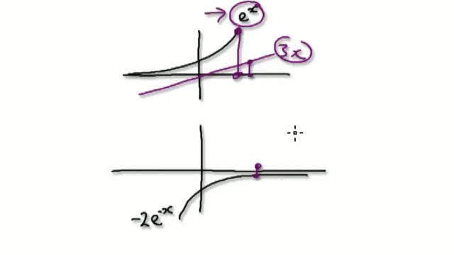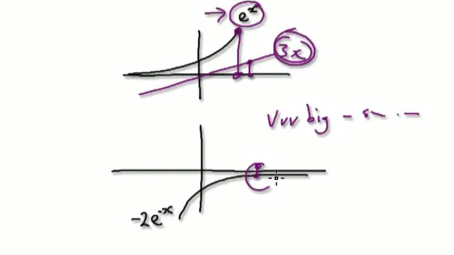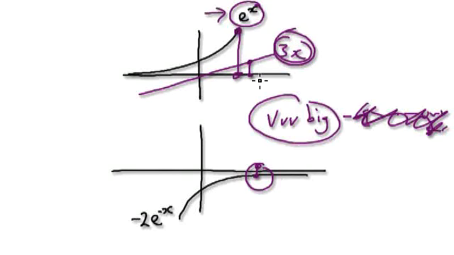So you've got this thing here, which is very, very big. Take away something small, and then take away something that's very, very small. So we can pretty much ignore these small bits and just concentrate on this.